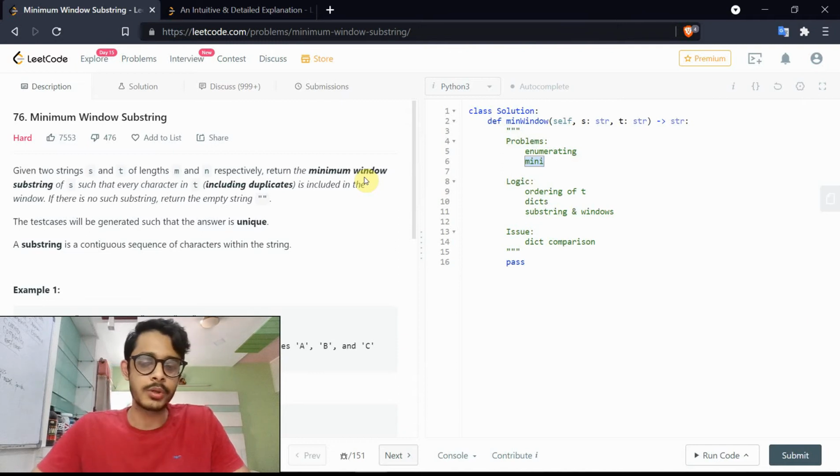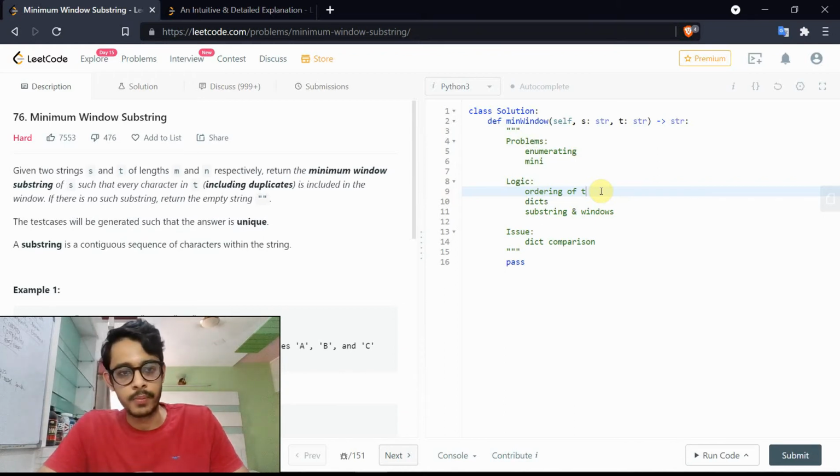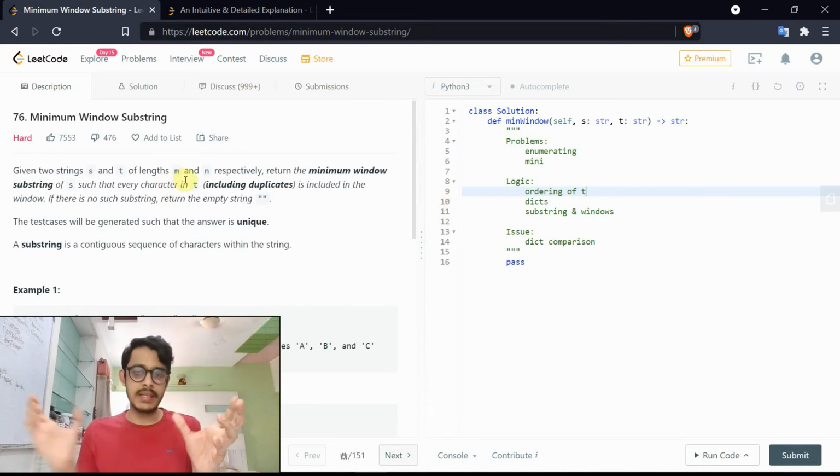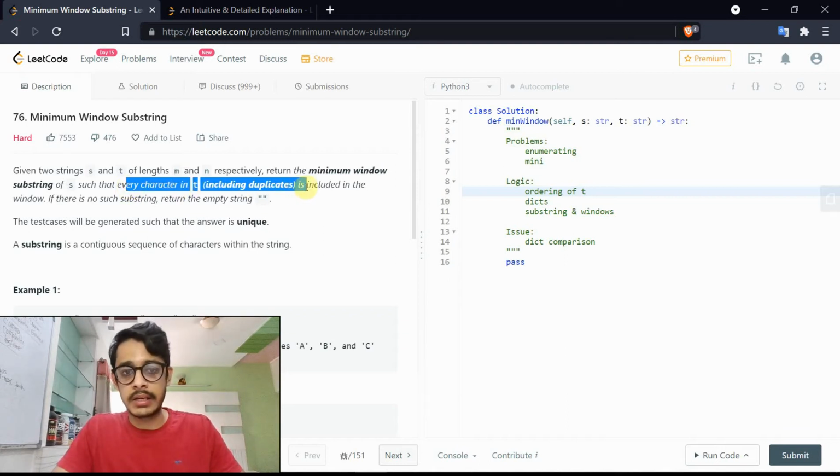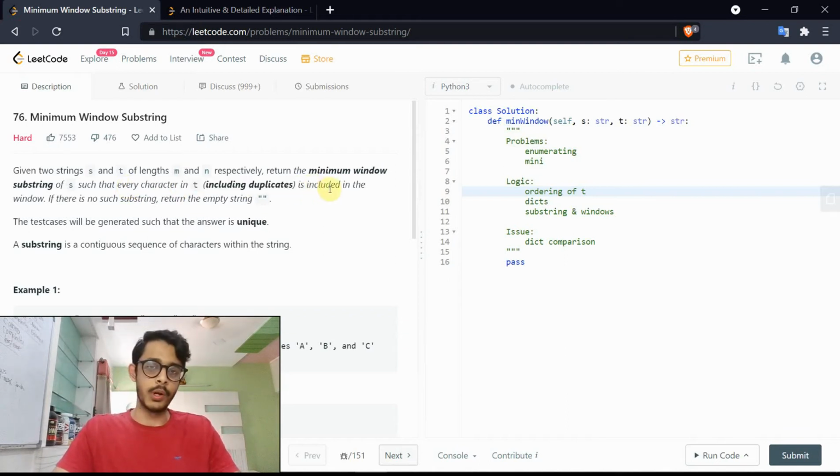Now let's discuss the logic of this problem. First is the observation that the ordering of T does not matter. The only thing that they ask you to do is, for any substring which is going to be a valid string, you have to just ensure that every character in T, including duplicates, is included in the window.